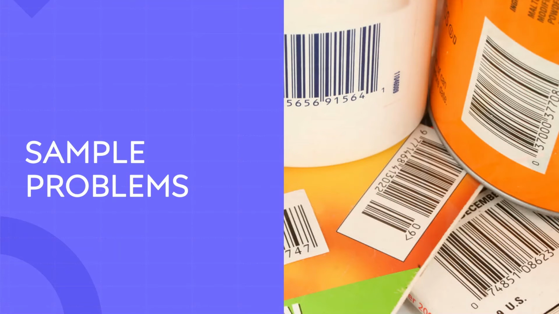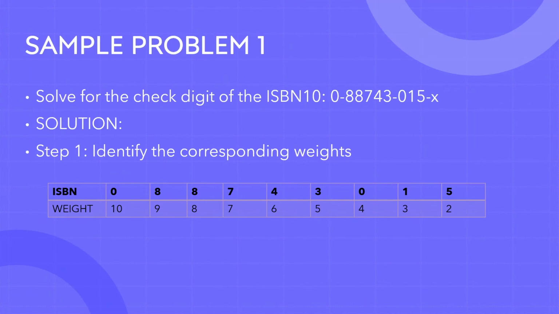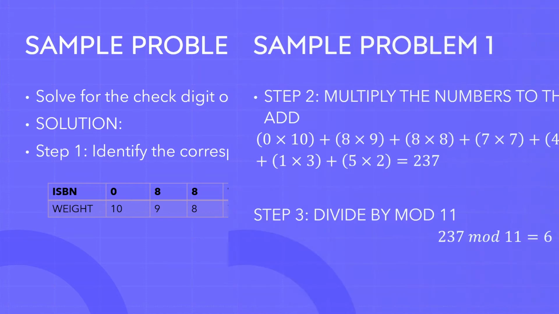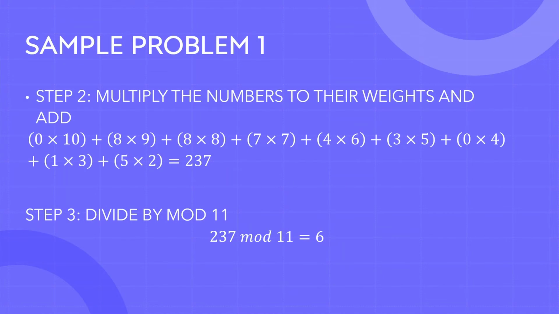For sample problems, Question 1: solve for the check digit of the ISBN 10 088743015X. So in solution, identify the corresponding weights in step 1. Then in step 2, multiply the numbers to their weights and add them as shown below, which resulted into 237.